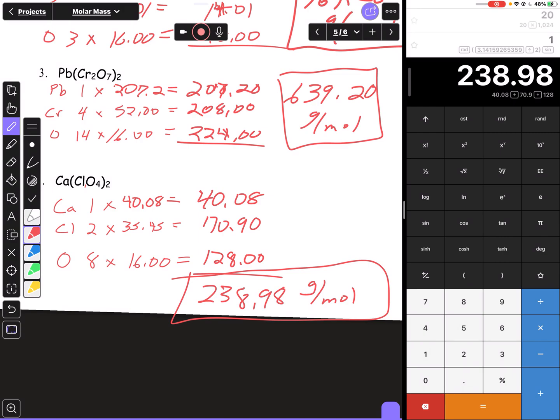That's also equal to 6.02 times 10 to the 23rd molecules. And actually, for this, it would be correct to say calcium perchlorate is an ionic compound, so it would really be formula units. But those, atoms, molecules, formula units, all kind of the same thing.